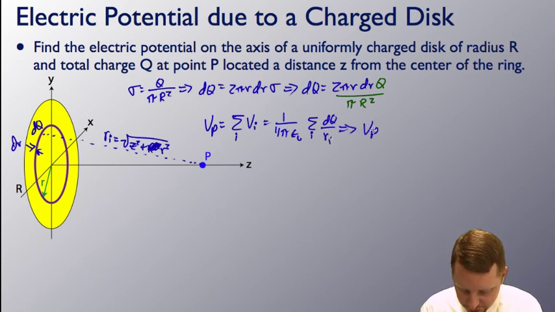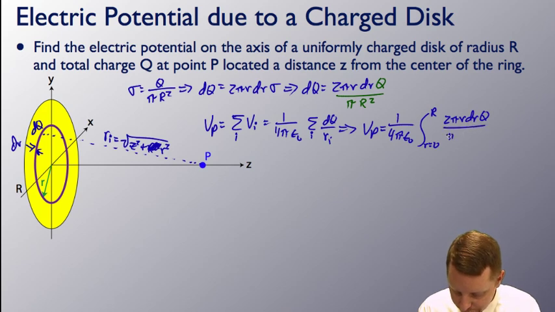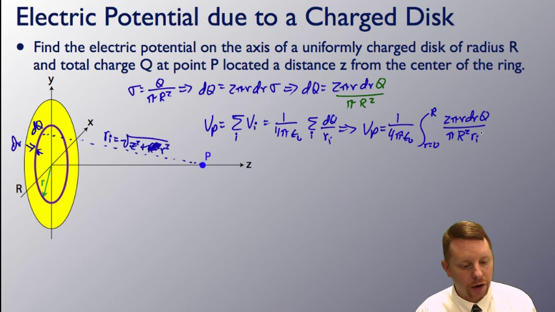Our potential at point P is going to be 1 over 4 pi epsilon 0 integral from our variable r equals 0 to capital R, the total radius of our disk, of dq, which we just defined as 2 pi r dr capital Q over pi capital R squared, over Ri.